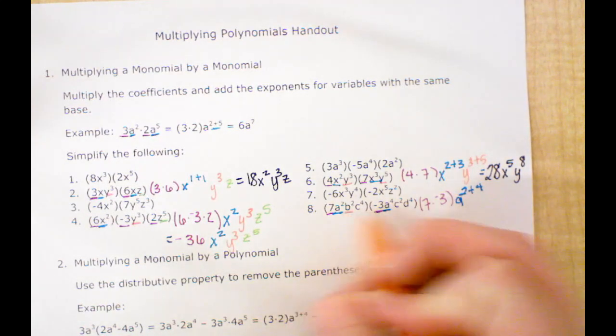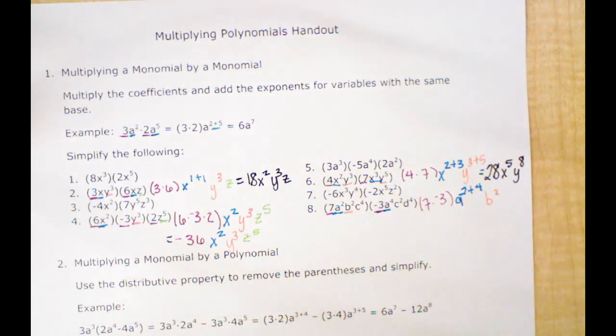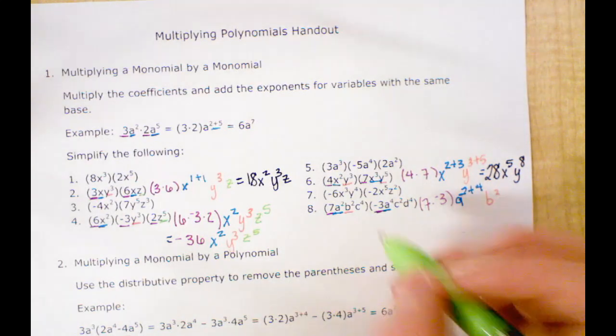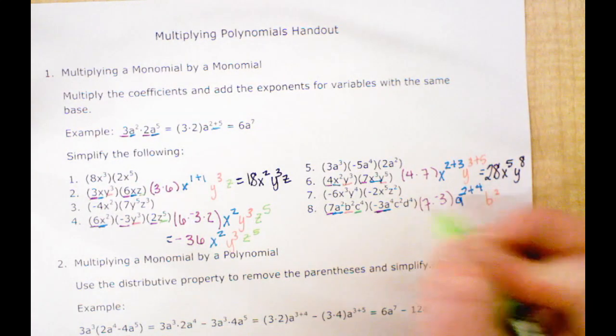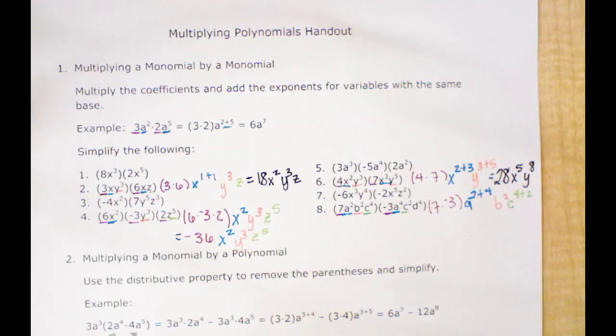Then we have b squared. Do we have any other b's? No. So we just have b squared. Then we have c to the 4th and c squared. So we have 4 plus 2. And then we have d to the 4th.